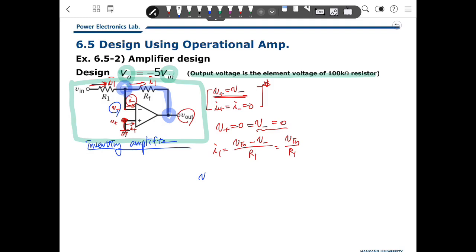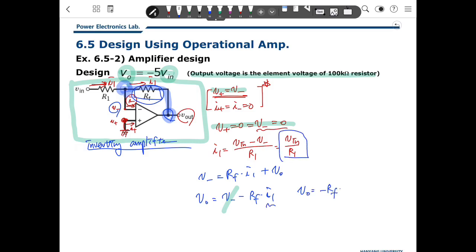So we can calculate the relationship between this node and this node. V negative is the voltage drop across RF times I1 plus V out. So V out is V negative minus RF times I1, and V negative is 0. So V out is minus RF times I1, and I1 is V in over R1.